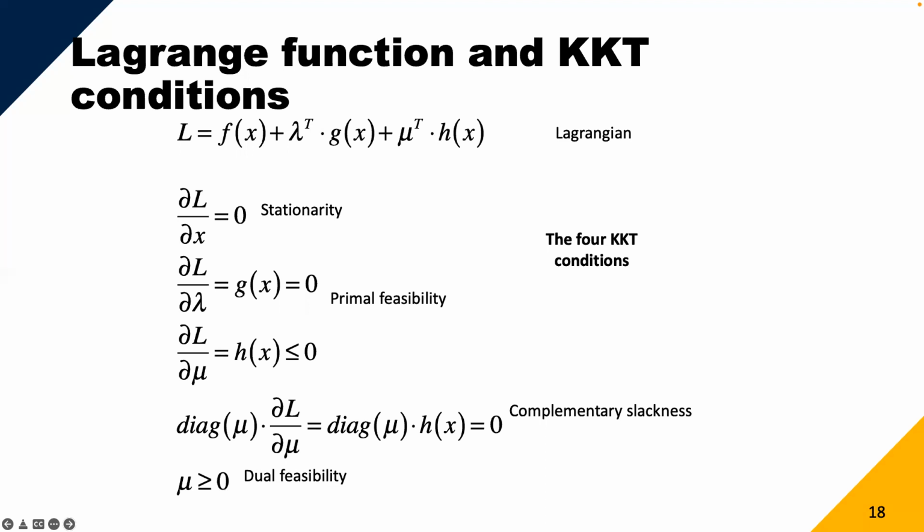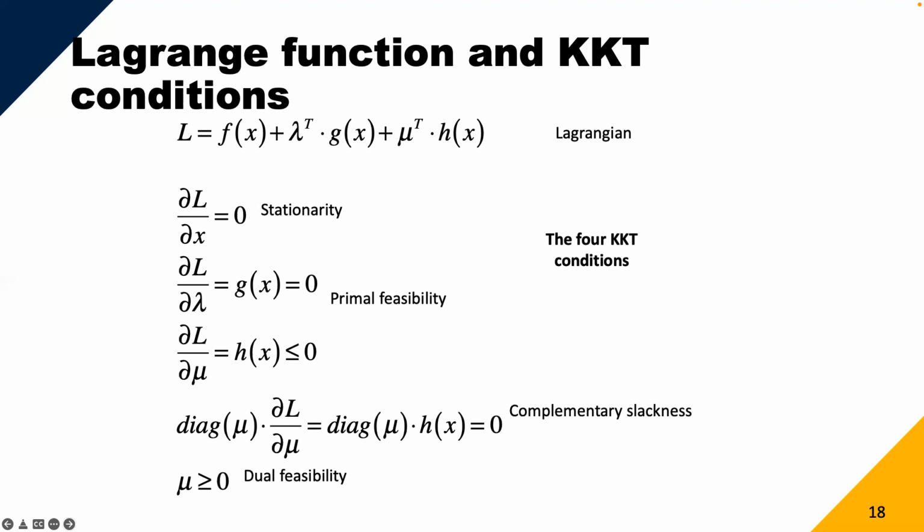When you take a class on this, you learn a lot more about the background and why this works, but I'm just showing you here. You create this Lagrangian, and basically this is your objective function. And then as I was mentioning, we push the constraints into that function.